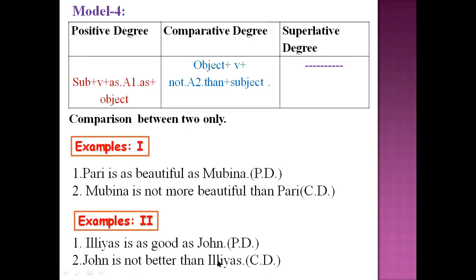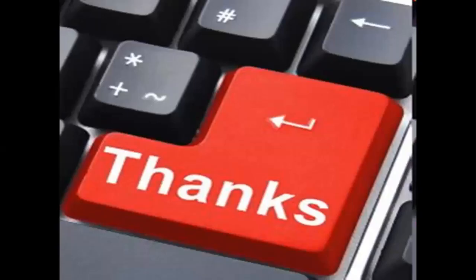So here we are comparing these two persons, John to Ilias, but these two persons have some inequality in status or range. So this is about model number 4.